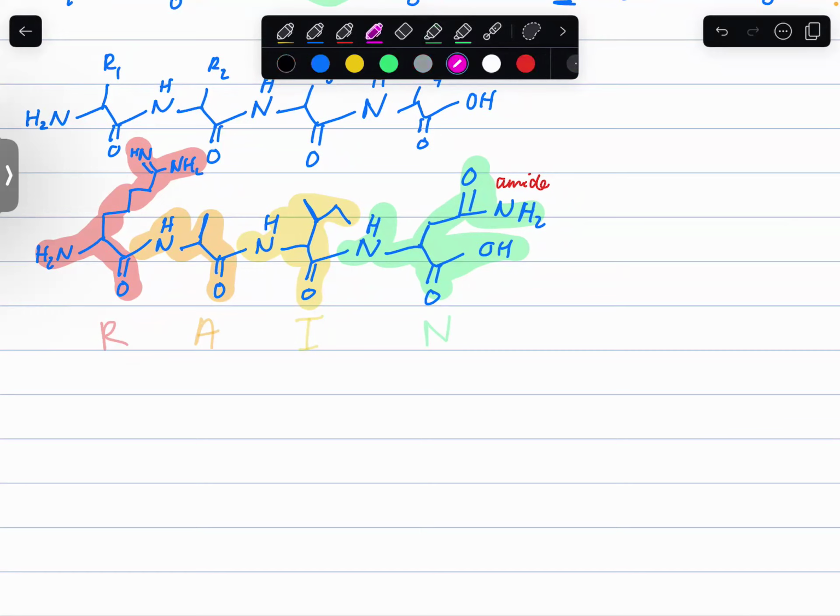And so you have carboxy and amino. Because this is an amine group, and this is basically a carboxylic acid.